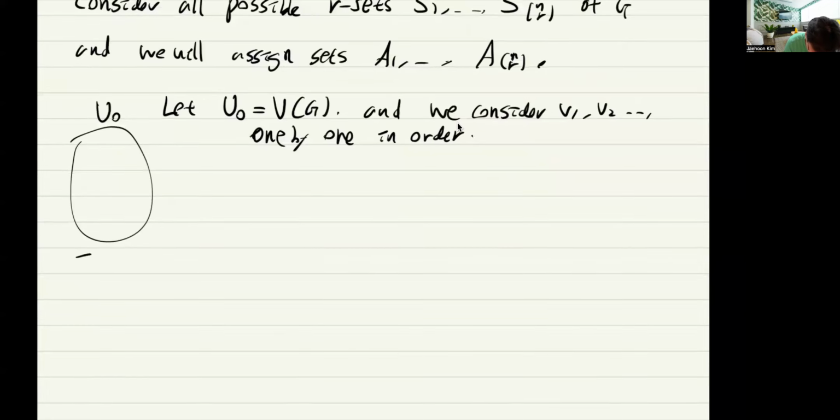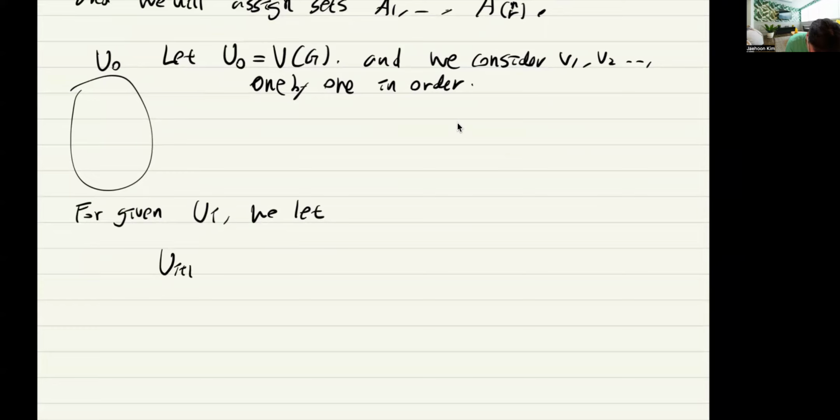So what do we do? For given Ui, we let Ui plus 1 be one of these two. You choose Bi. So far you have chosen nothing, so i is 0. And then you choose B1.